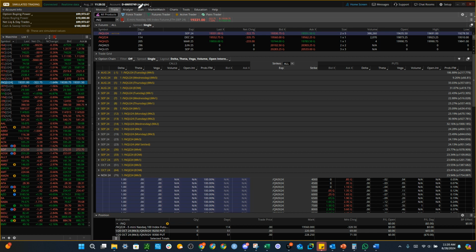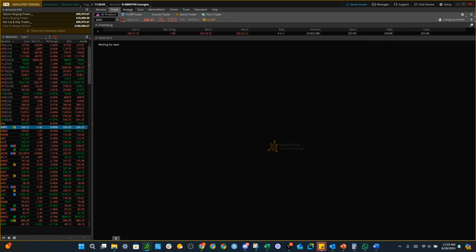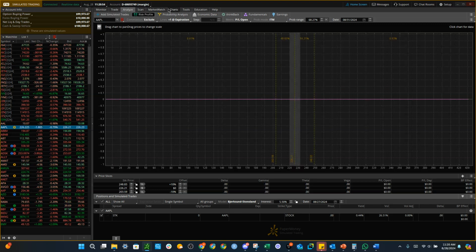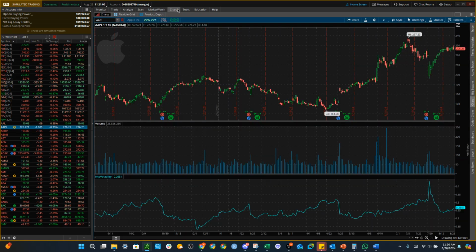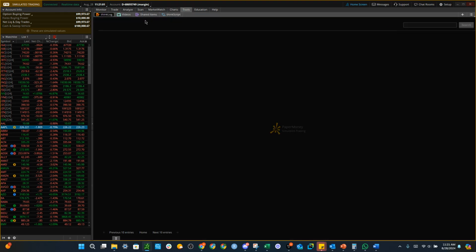I'm going to keep marking it so that you know exactly what I'm doing. Trade tab. Now also, make sure you have this red sign linked to both sides here. This means as soon as you click one of these watch list items, it will appear in your trade tab. And you have to do the same for your analyze tab, and for any of the tabs that you want the same ticker to appear on, for example charts or tools or fundamentals.